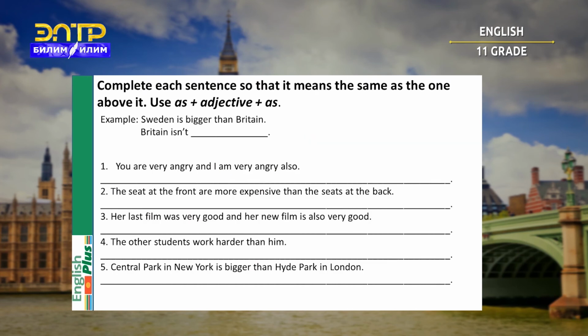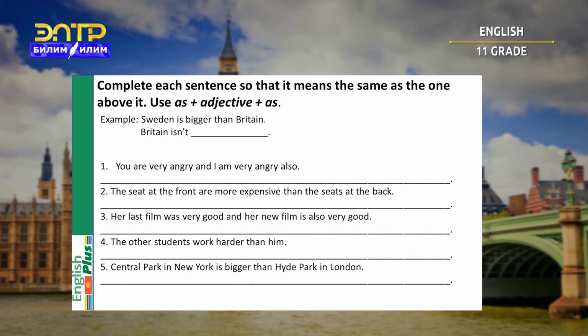Let's practice. On the screen, you can find 5 sentences. Your task is to complete each sentence so that it means the same as the one above it. Your task is to use as plus adjective plus as. Let's look at the example. We say, Sweden is bigger than Britain.